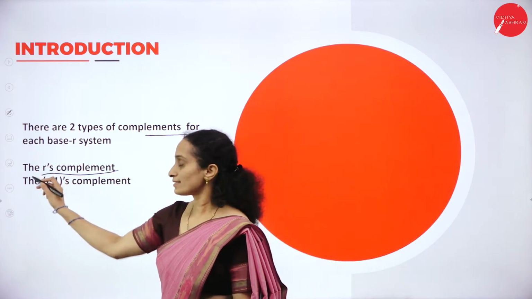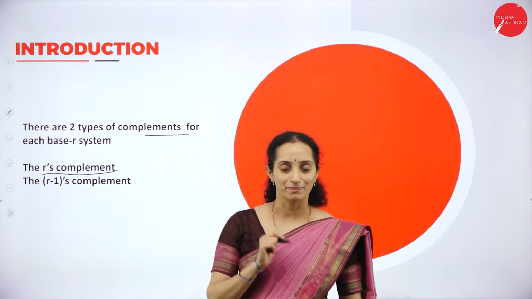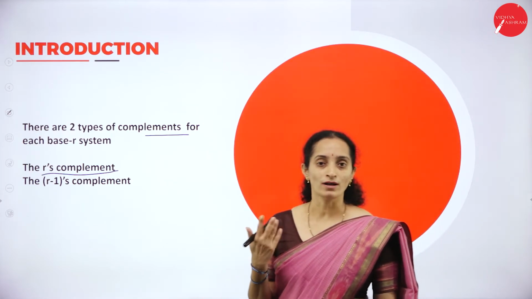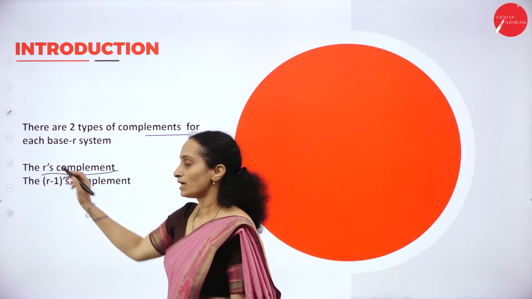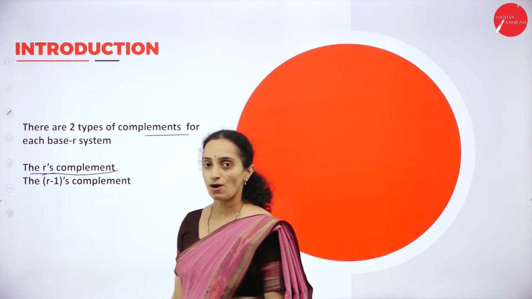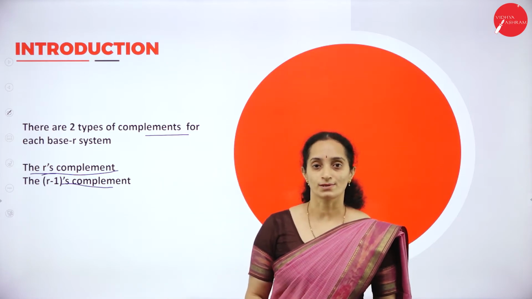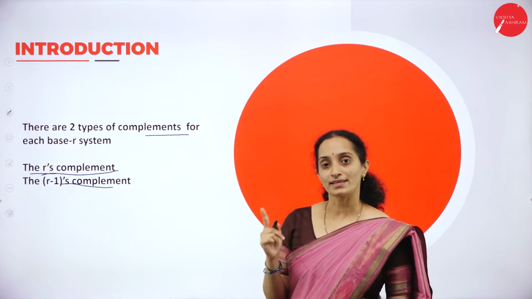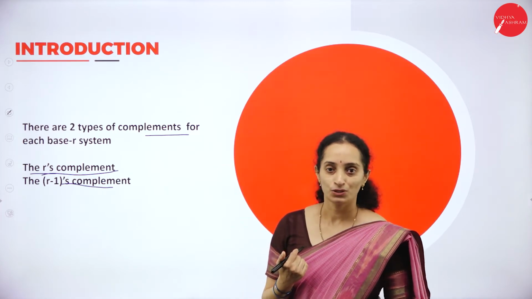One is known as R's complement, where R represents the number base, whether it is 10 or 2. The types of complement are the R's complement and the R minus 1's complement. If you use base R, R minus 1 will be another complement system that can be used.